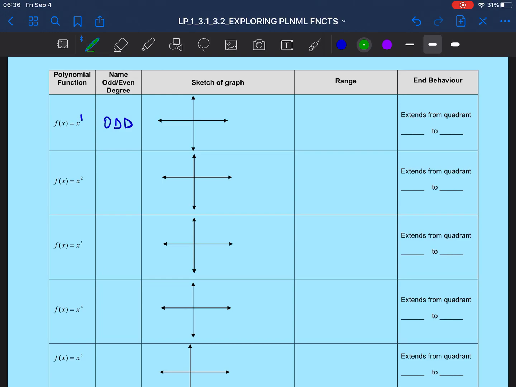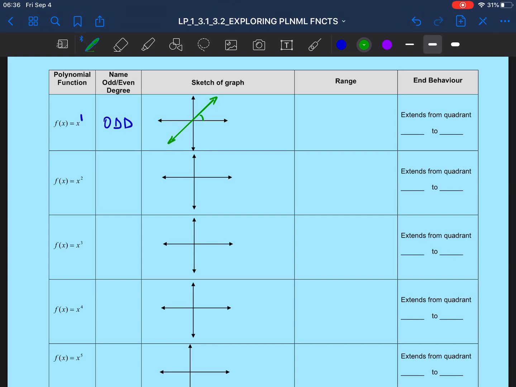We're all familiar with the shape of the graph f of x equals x. It's going to be a straight line that passes through the origin, and it makes a 45-degree angle with the x-axis, right here.